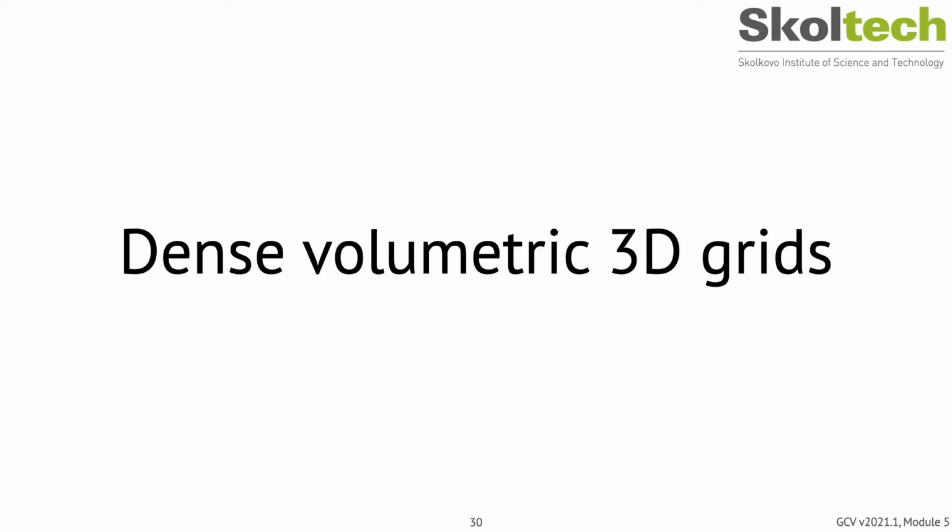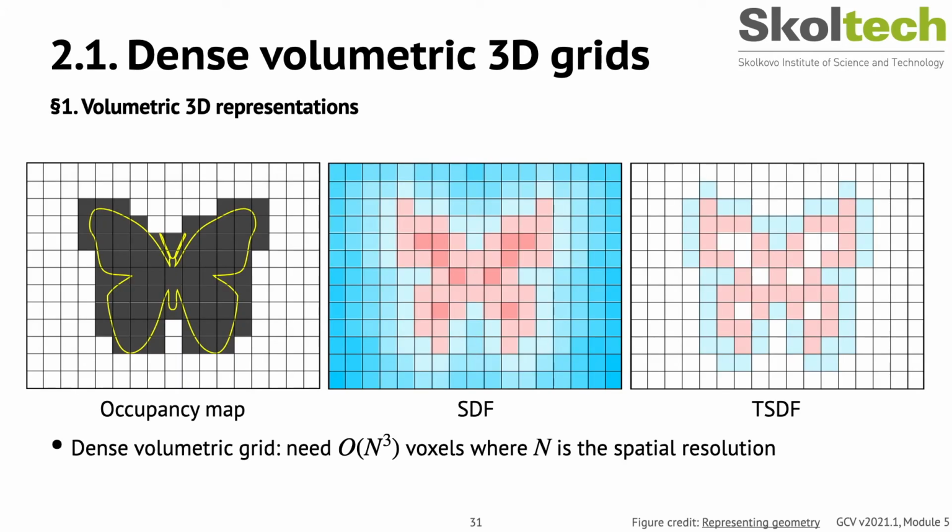The first data structure that we will consider is the vanilla dense volumetric 3D grid, that is, dense 3D tensors and matrices. Recall the naive representation: the actual value of the distance function or the occupancy map is stored in each single voxel of the volumetric grid, and you will instantly notice how we must store voxels where there exists no data.